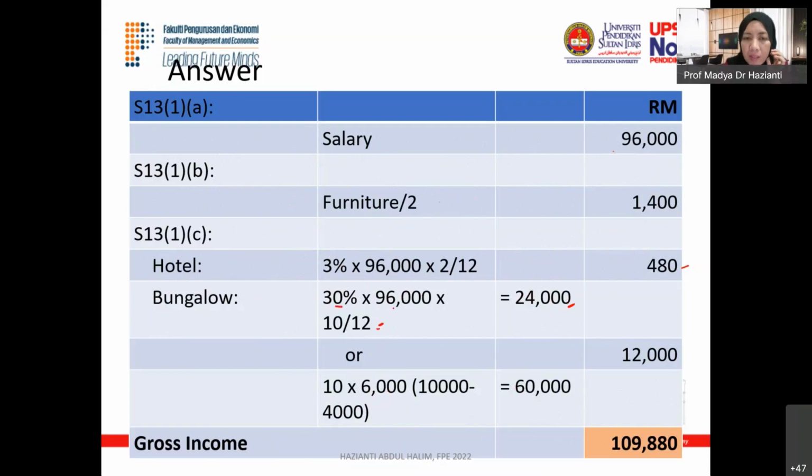We just take 30% gaji dia dengan berapa bulan dia duduk dekat situ, as well as the defined value, 10 bulan darab dengan 6,000 value dia. Kita belum bahagi 2 lagi. But when we choose the lower figure, in this case we choose 24,000 as the lower figure, kat sini baru kita bahagi 2, sebab dia berkongsi. So 24,000 bahagi 2 jadilah 12,000. Okay, boleh? So the gross income is 109,880.